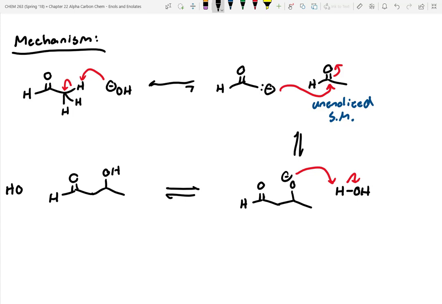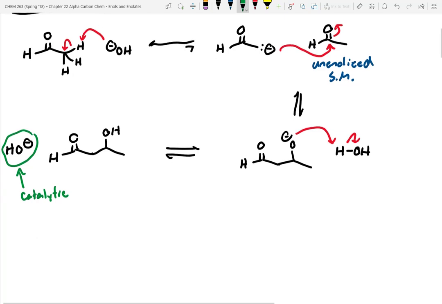So the hydroxide is catalytic for this reaction. Does that make sense? If you notice, though, I used equilibrium arrows. That means you can actually do the backwards reaction. So let's try to practice the backwards reaction.